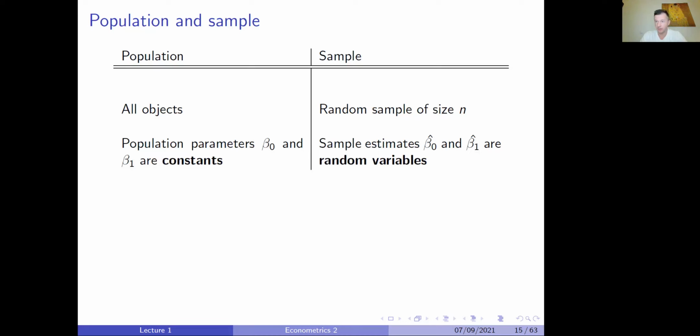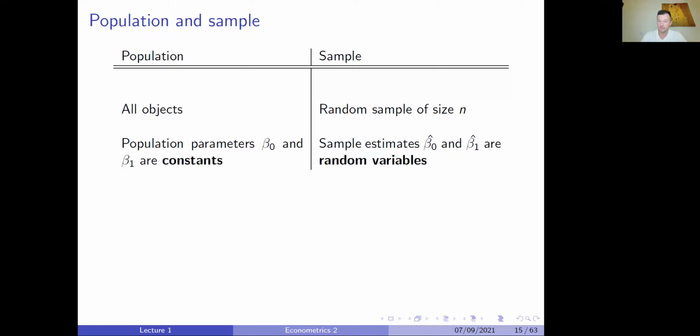As you probably remember from statistics, random variables can take many possible values and they have some distributions, and we need to describe those distributions. Since we randomly selected n observations from the population, sample estimates are also random.